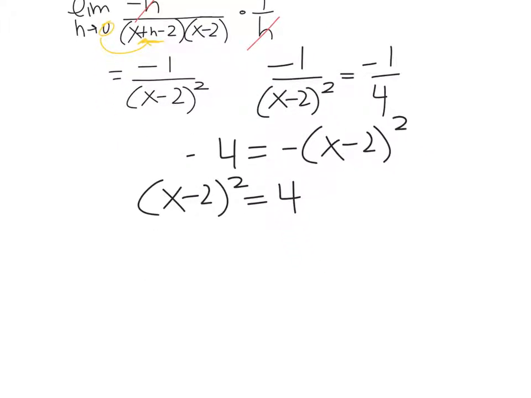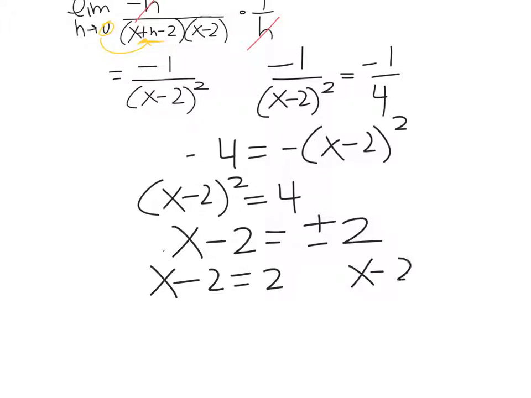Foil that out, or you just take the square root. Yeah, you could do that. Take the plus and minus square root. There's two answers. So you get x minus 2 is 2, x minus 2 is -2. So x would be 4 or 0.